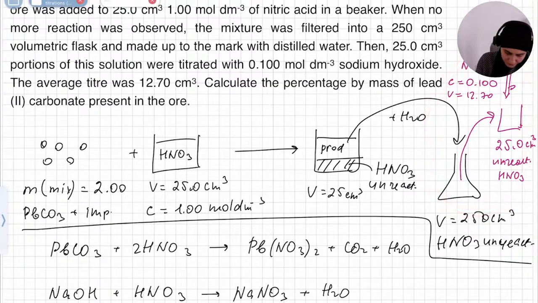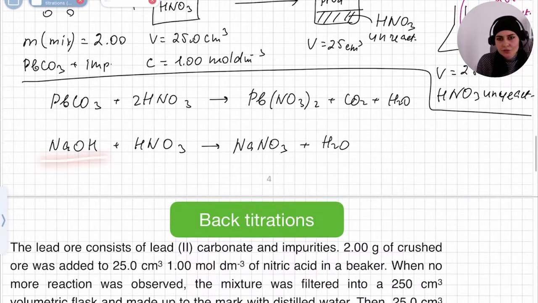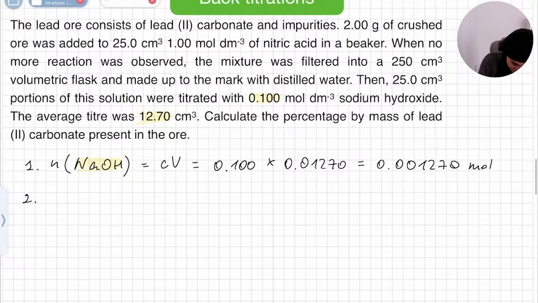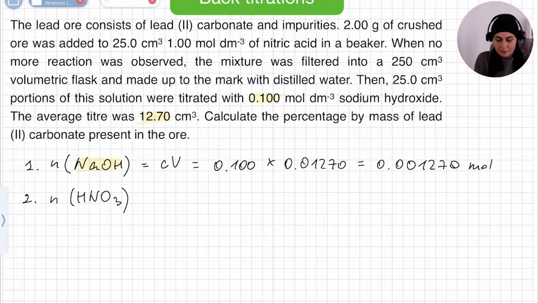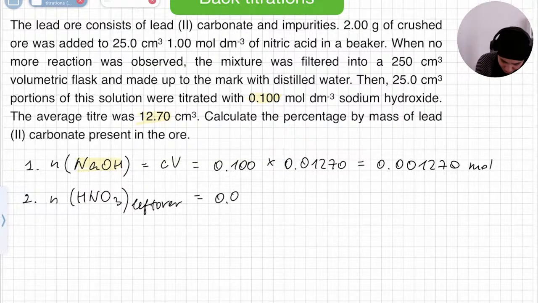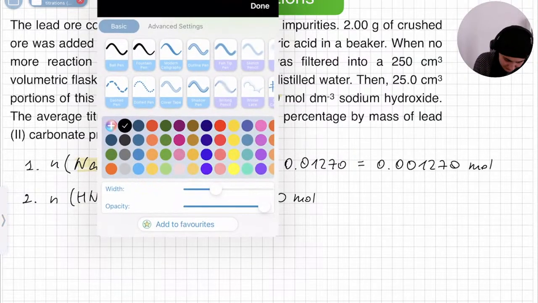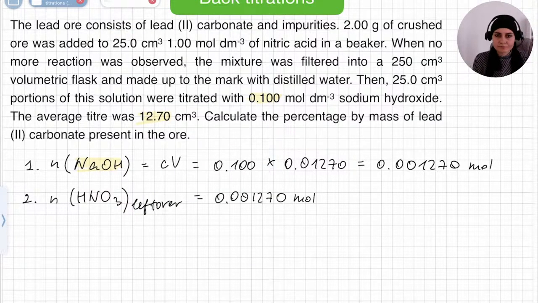Then I know that NaOH and HNO3 reacted in 1:1 ratio. So from here I find the moles of unreacted acid. Unreacted meaning unreacted with lead carbonate, yeah? So I would say leftover again. It's 1:1 ratio with NaOH, so same. And what is that? Let's write it down.